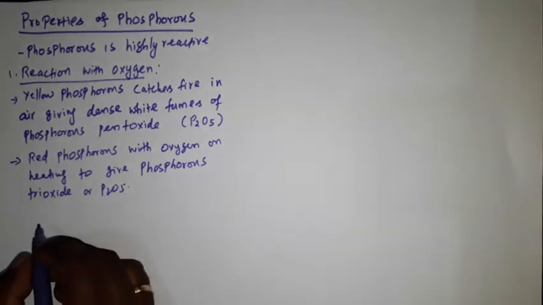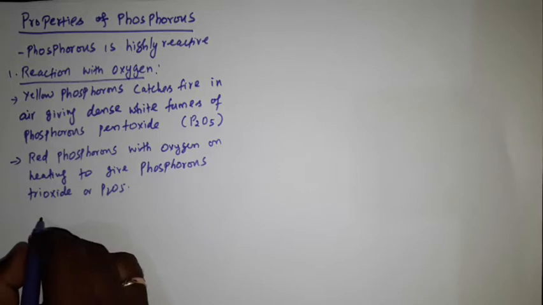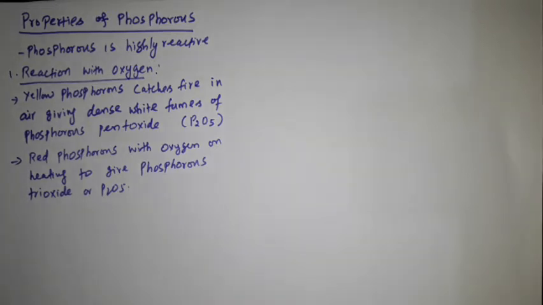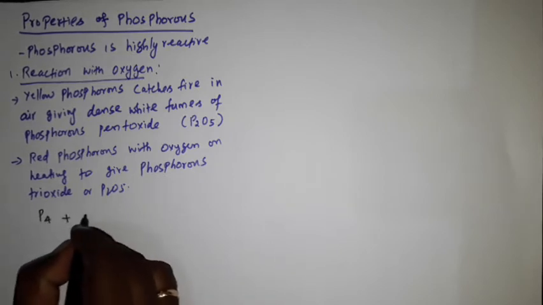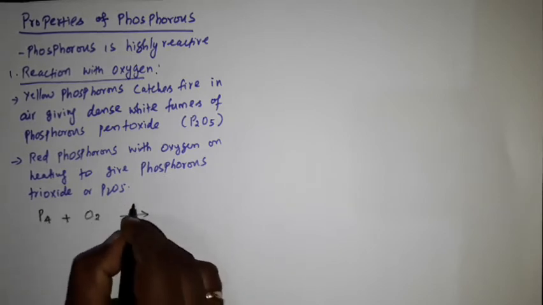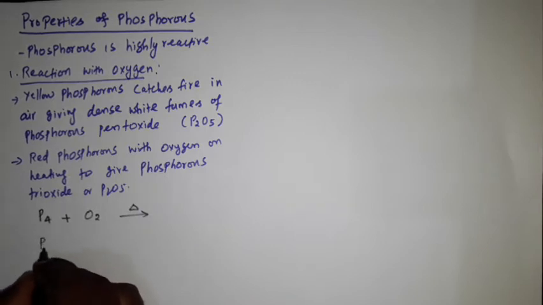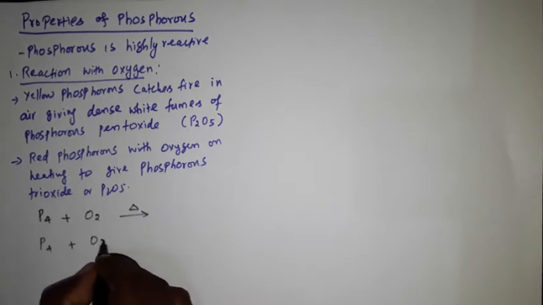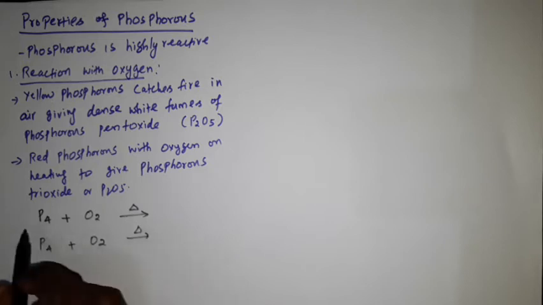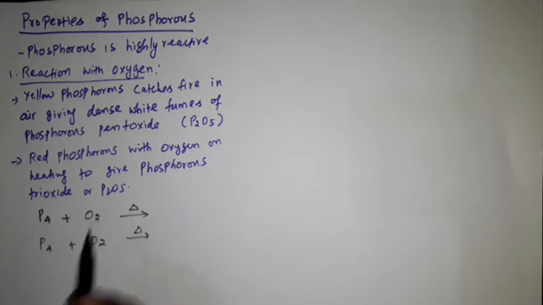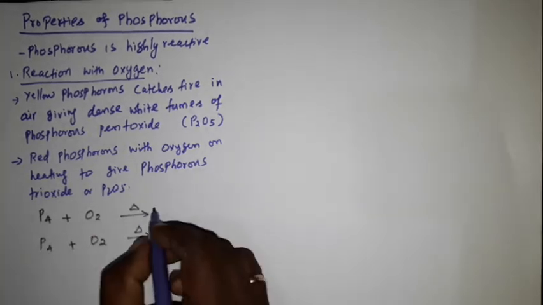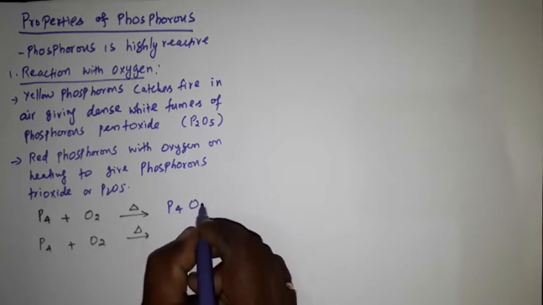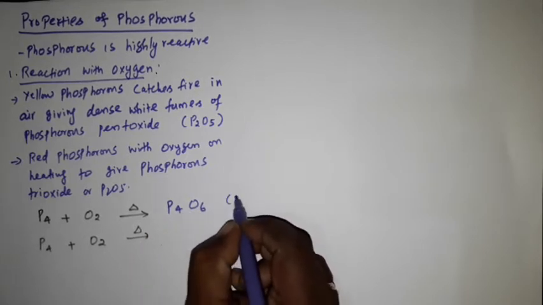So we will see the chemical reaction. Phosphorus formula is P4. We are writing P4 plus O2 on heating, giving phosphorus trioxide or phosphorus pentoxide. Generally we write P4O6, in simple form P2O3.